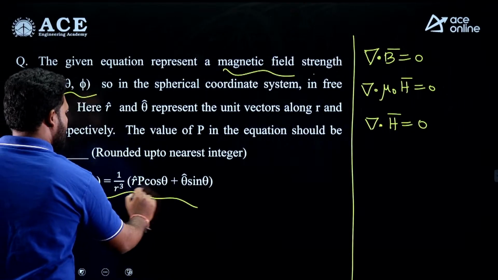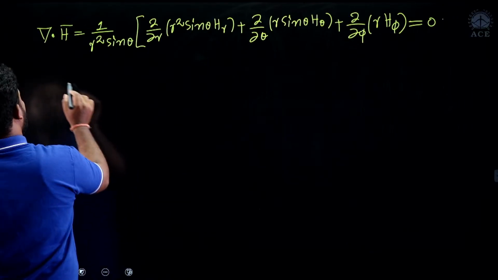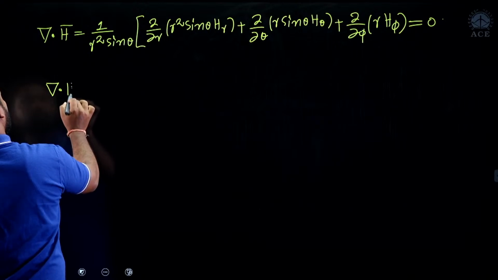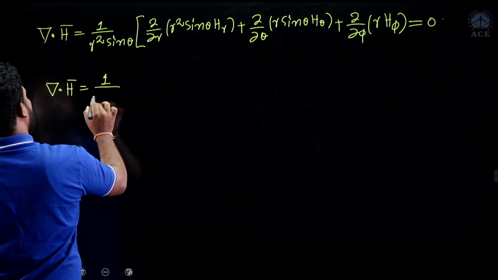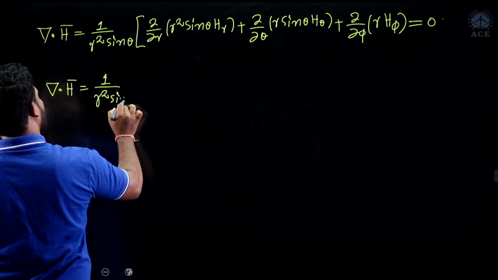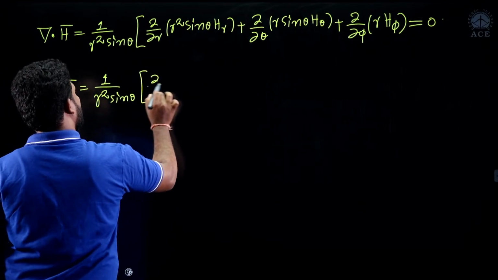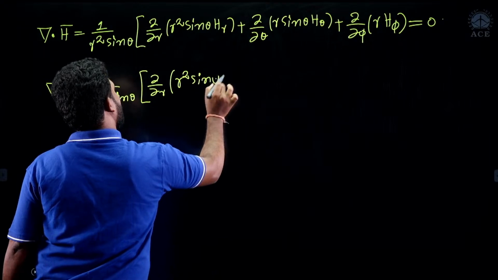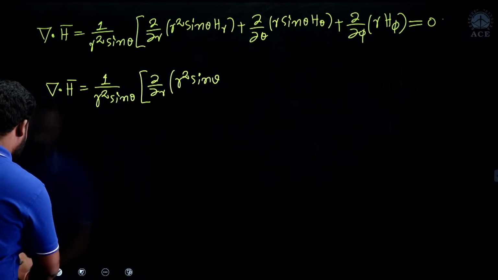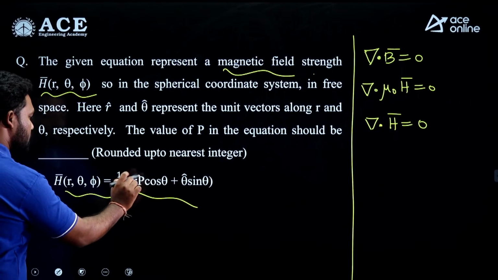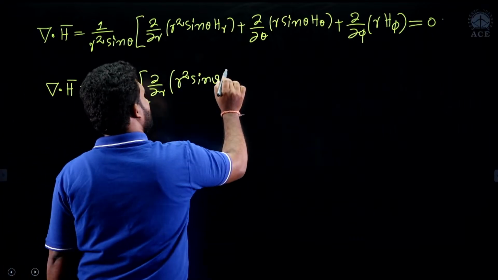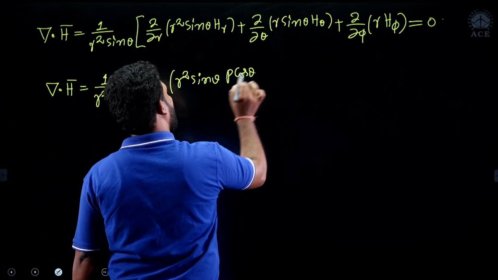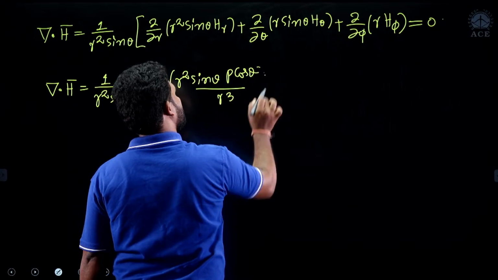So here there is an r component and a theta component. Substitute those values. So divergence of H is equal to 1 divided by r squared sine theta, dou by dou r of r squared sine theta into the H r component. Let me go back here. H r is P cos theta divided by r cube.